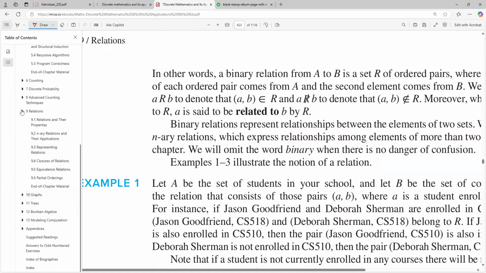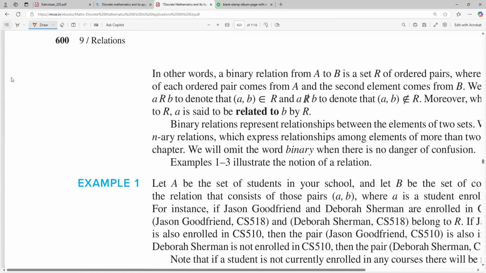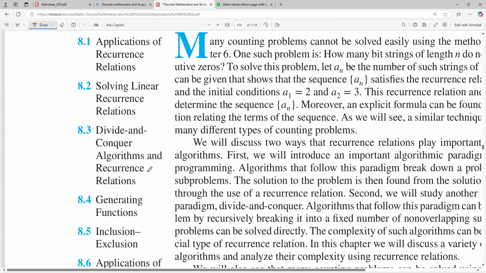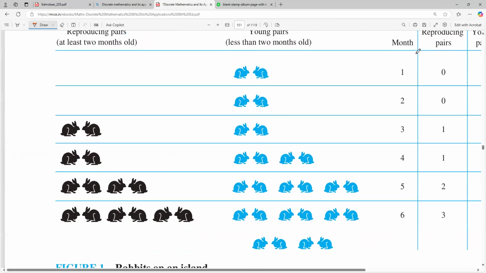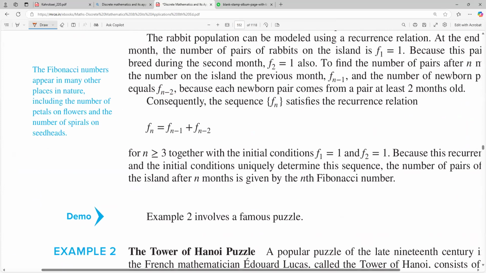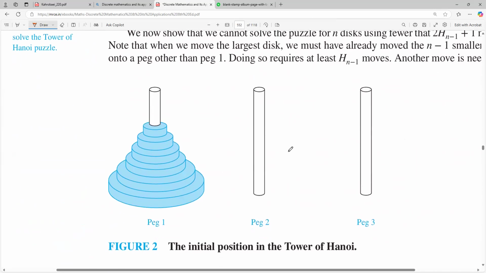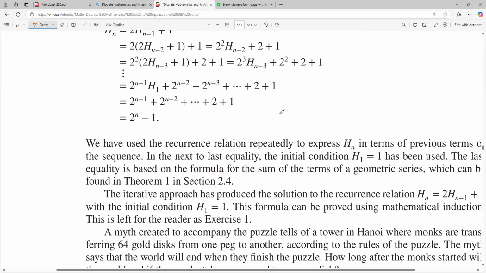Does anyone have any questions they want to do? I'm trying to find where we have it in here. Recurrence relations 8.1 to 8.3. Oh, found it. Okie dokie. I think someone wanted to go over Towers of Hanoi too. Bingo.